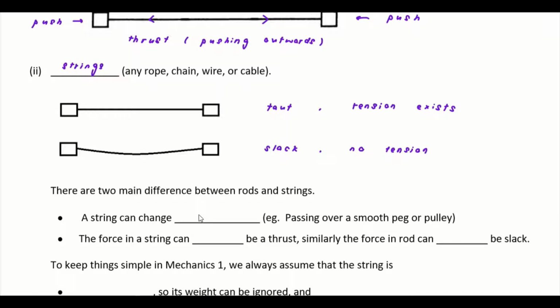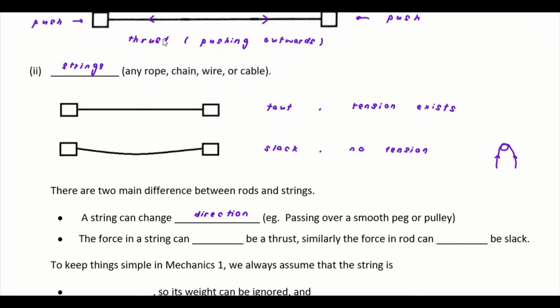The first one is that a string can change direction. For example, when we talk about pulley systems later, if this is a pulley, the string can actually change direction, like this, and it will still create tension over here. That's the idea of changing direction.